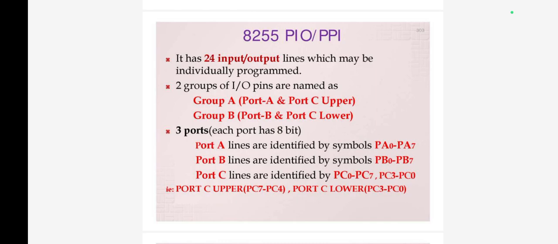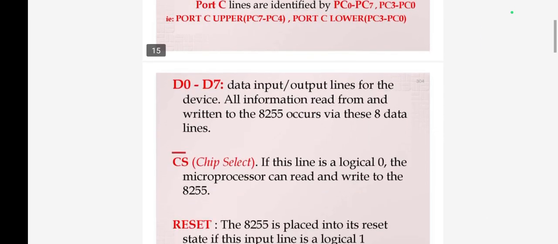And three ports are available. Each port has 8 bits. As I already told, port A, port B, port C. Port A and port B go from 0 to 7. Port C similarly 0 to 7, but port C upper and port C lower. Port C lower means PC0 to PC3, port C upper PC4 to PC7.